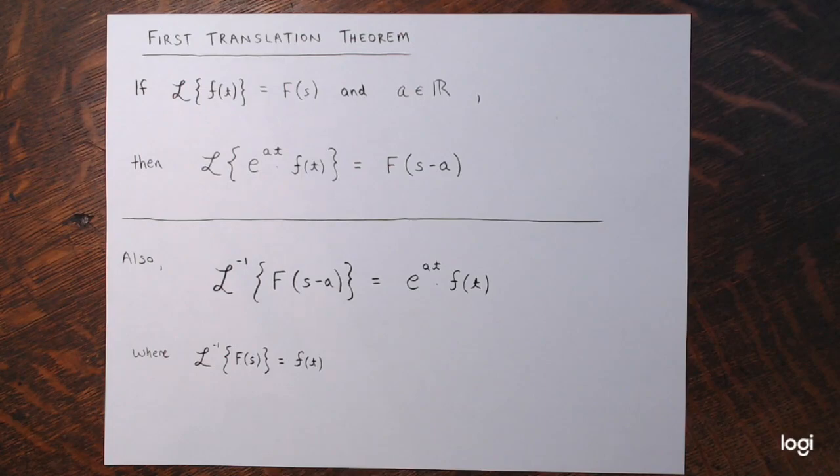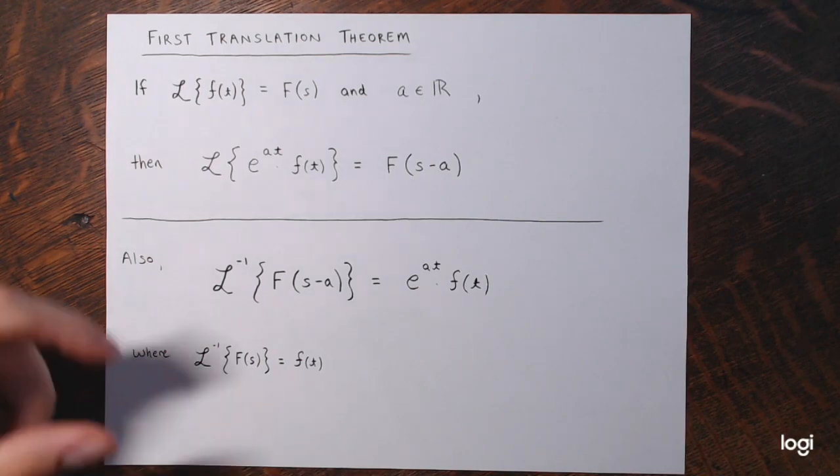Now I am assuming, of course, that you remember the Laplace transform of certain basic functions like constants, polynomials, exponentials, and trigonometric functions, sine of kt and cosine of kt, where k is a constant.